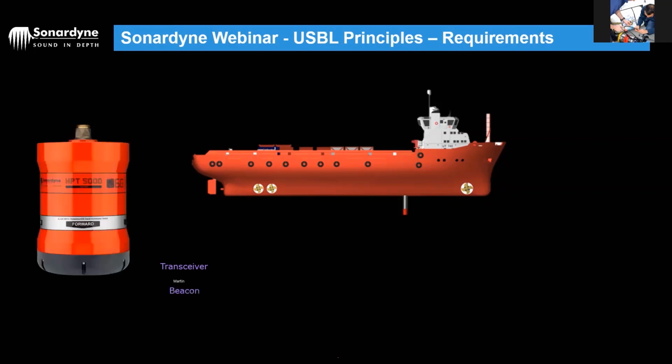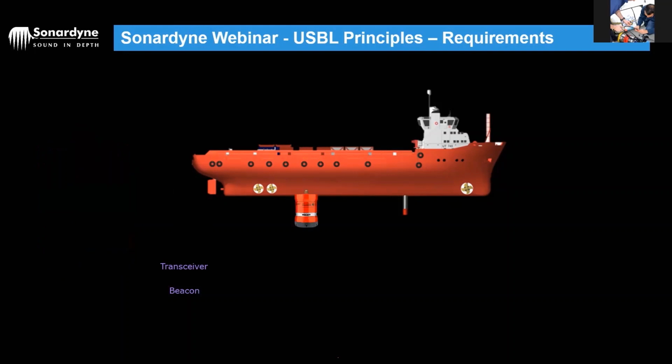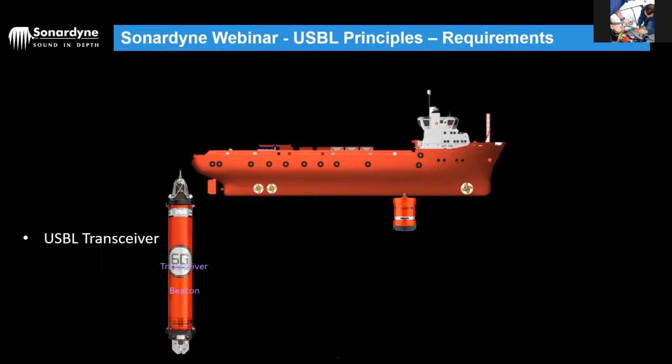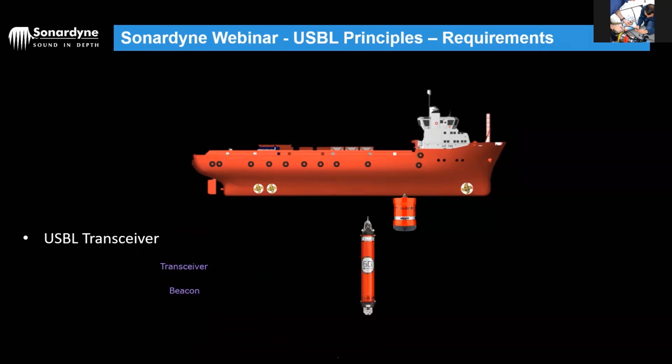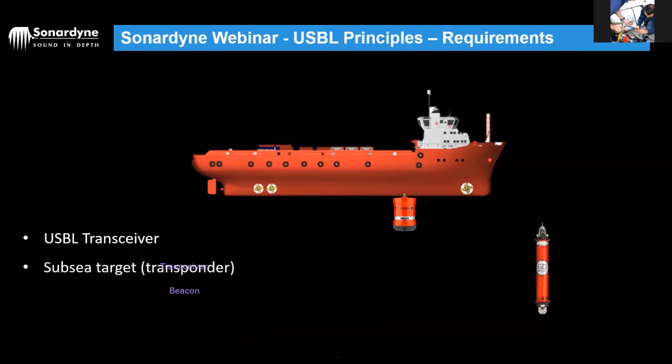All right, so on the vessel, we need our transceiver head, the sonar head itself. As we said already, the HPT, high performance transceiver. That gets mounted on the vessel, and that is what's creating the noise and also listening for those responses and measuring where the object is. And as you said already, we need a beacon or a transponder on the object that we're tracking. There are lots of different types of transponders.